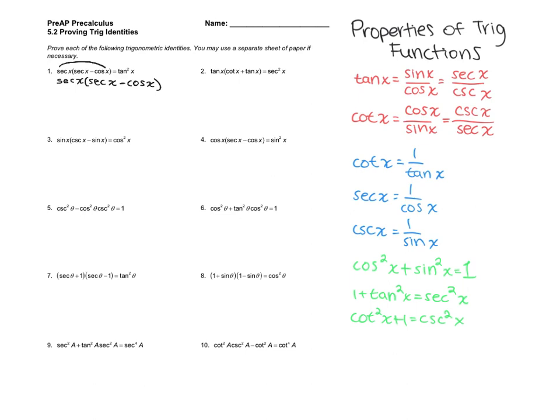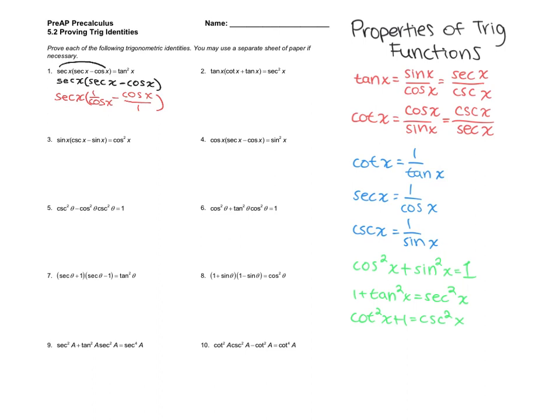So let's make this new equation into sec x times 1 over cos x minus cos x over 1. As you can see, I simplified the sec x into 1 over cos x because that's from our properties in blue here. So sec x equals 1 over cos x. And then I just put the minus cos x over 1 just to make it a little easier to understand.